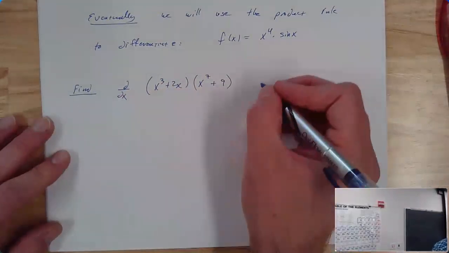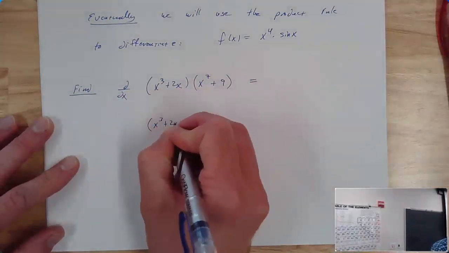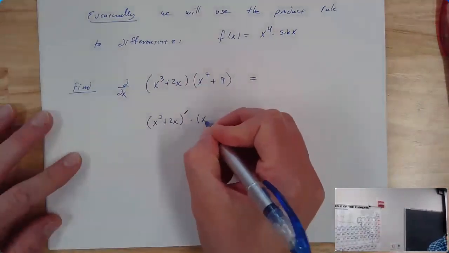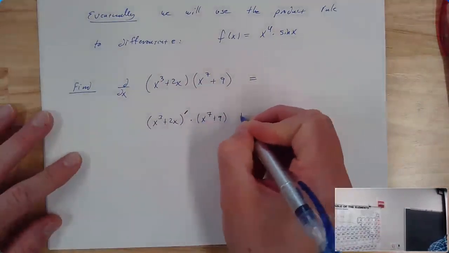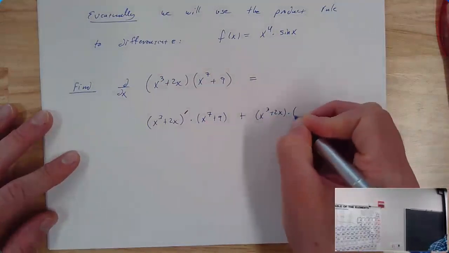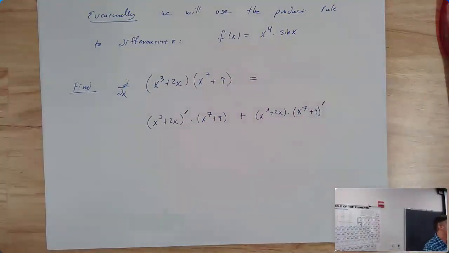So if I want to use the product rule, I can say that's going to be equal to the derivative of the first thing. And at least when I'm getting used to using the product rule, I really like to write it out as first thing prime times the not derivative of the second thing. And then we switch it up. We leave the first thing alone. We multiply by the derivative of the second thing. And then we actually find those things.